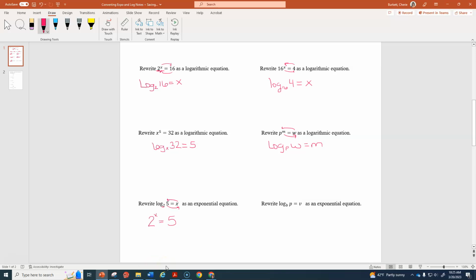The b is the base of the log, so it's going to be the base of my exponent, and then these two switch places. So the v becomes my exponent and my p becomes the value of this base being raised to that exponent. Okay, so that is converting logs into exponents and exponents into logs.